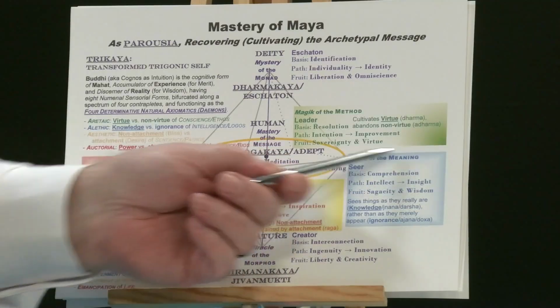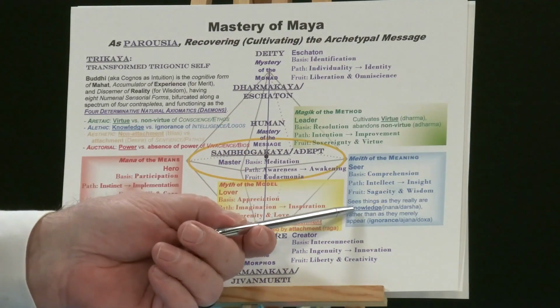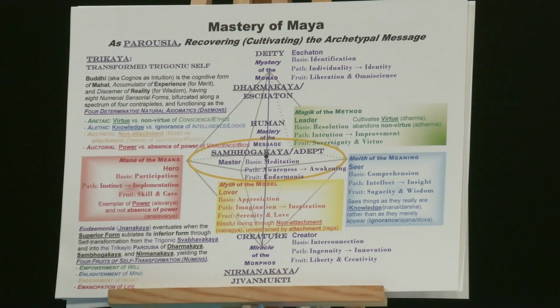You are recovering or cultivating the archetypal message. Now, what's that message? We spoke of it several times before. Today, in a nutshell, what we were considering is the meaning aspect of the seer. That is, of the one who utilizes the mind in order to see reality as it is.